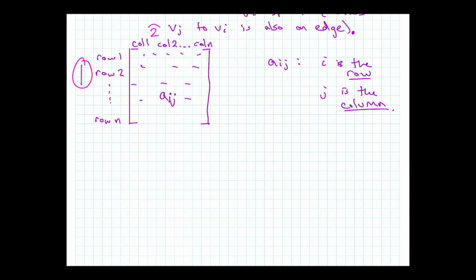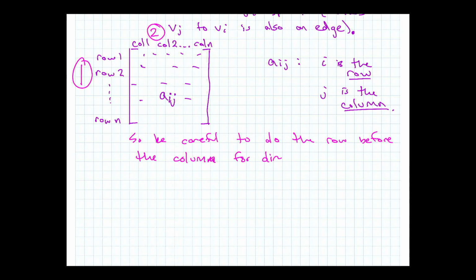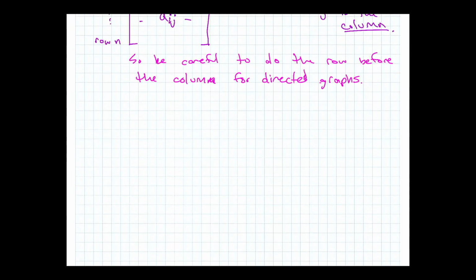So just get the index right, row first before the column. For directed graphs is the only place where it will matter. All right, let's do an example.